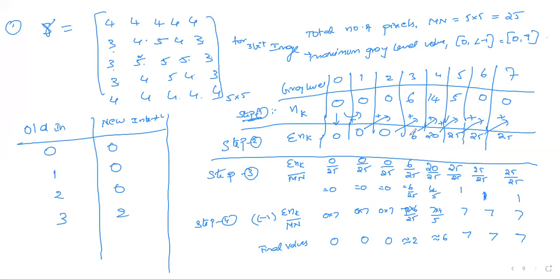See, 3 is 2, 4 is 6, 5 is 7, 6 is 7, 7 is 7. Okay, this is the new intensity value. We have to perform histogram equalization like this.